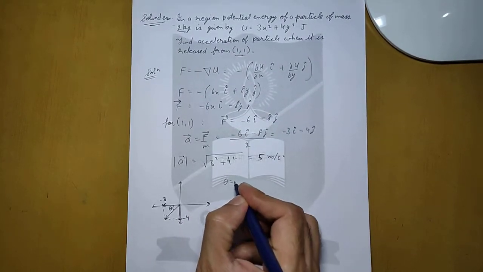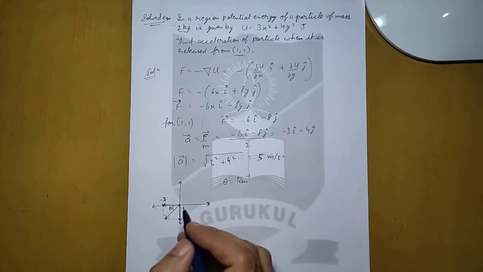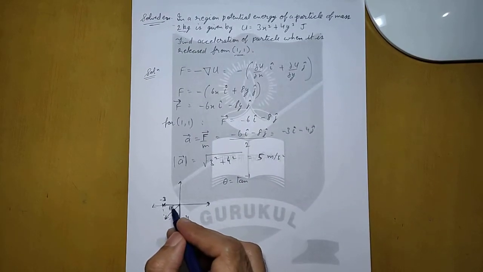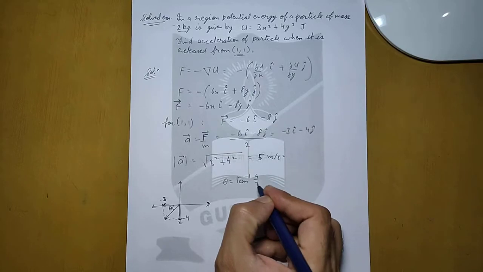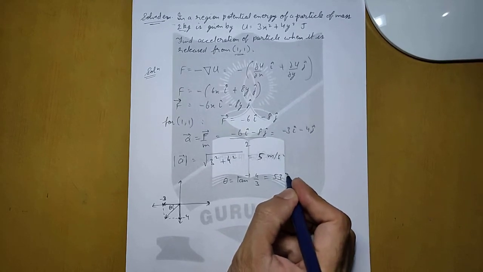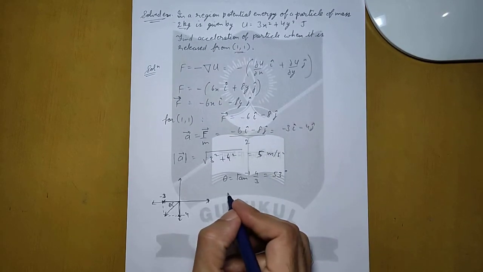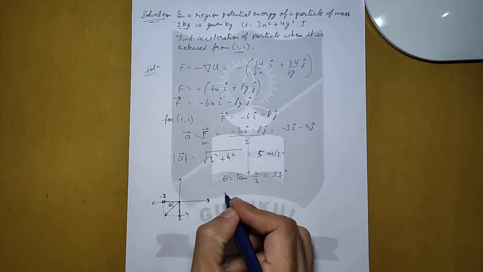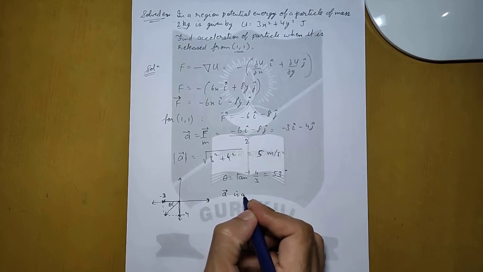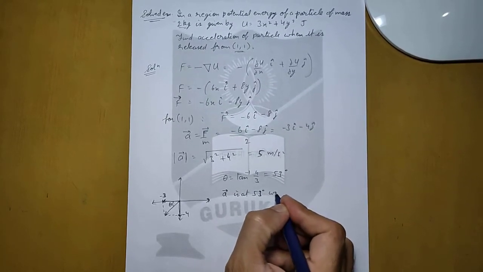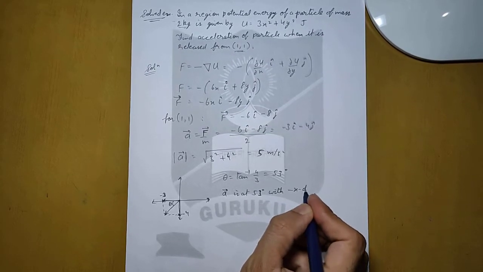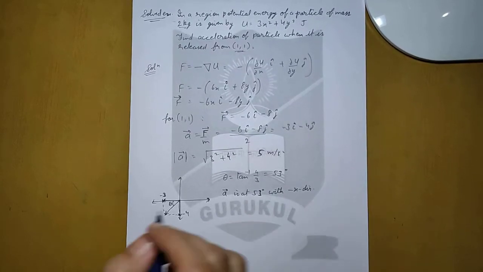So in this case, theta will be equal to tan inverse of perpendicular by base. If this is minus 4 and this is minus 3, then 4 by 3, and this comes out to be approximately 53 degree. So we can say that the resultant acceleration is at 53 degree with the minus x direction, or with the minus x axis.